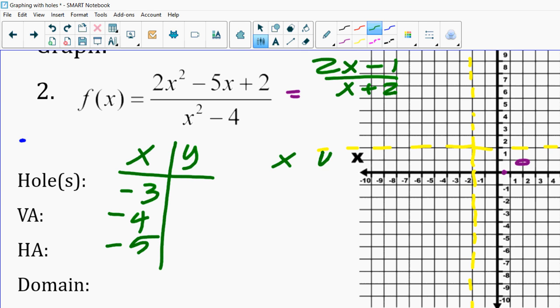Then go over to the other side. I've already got 2. I need 1 more. I'd use 0. Just use 0. Go to your table on your calculator and find those y values.